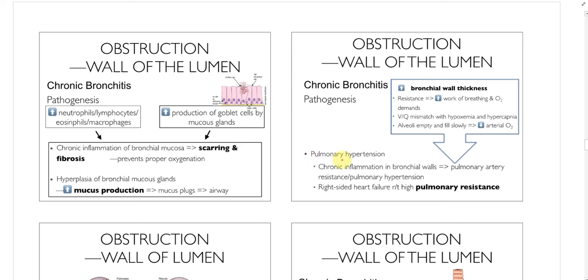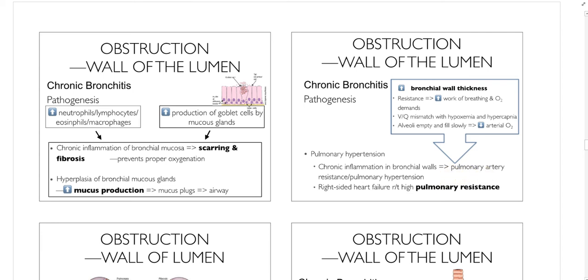can lead to pulmonary hypertension because we're going to be having pulmonary artery resistance from just, how do I explain this? With all this gunk inside, there's just a lot more difficulty getting the pulmonary arteries to go through because there's increased pressure and inflammation inside the lungs.